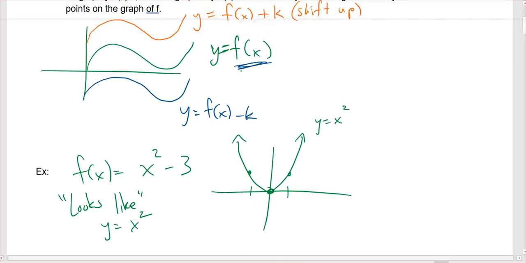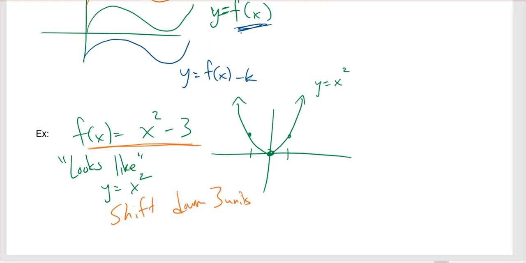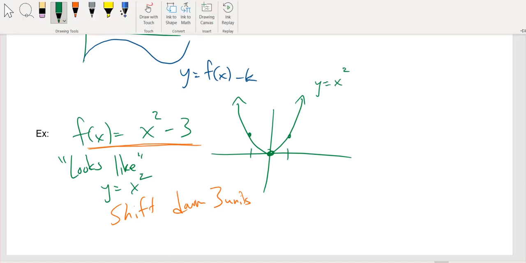Now, that's not what we want. We want the graph of this one. Well, we're just going to take all of the y coordinates and shift them down 3 units. So we're going to take all these y coordinates here and just go down 3, and that's it.